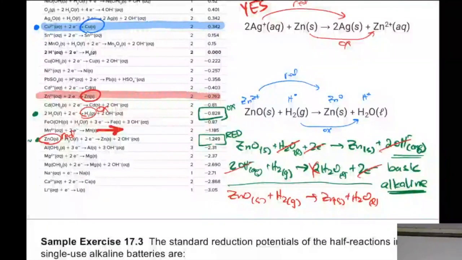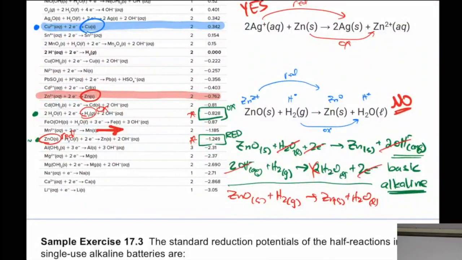For it to be spontaneous, we want the thing that's being reduced in the upper left and the thing that's being oxidized in the lower right. And this is the opposite of that. So you could do it that way if you want to use that shortcut rule, or you just look at the reduction potentials. The one that gets reduced is the one that has the higher reduction potential. So this reaction as written would not be spontaneous.